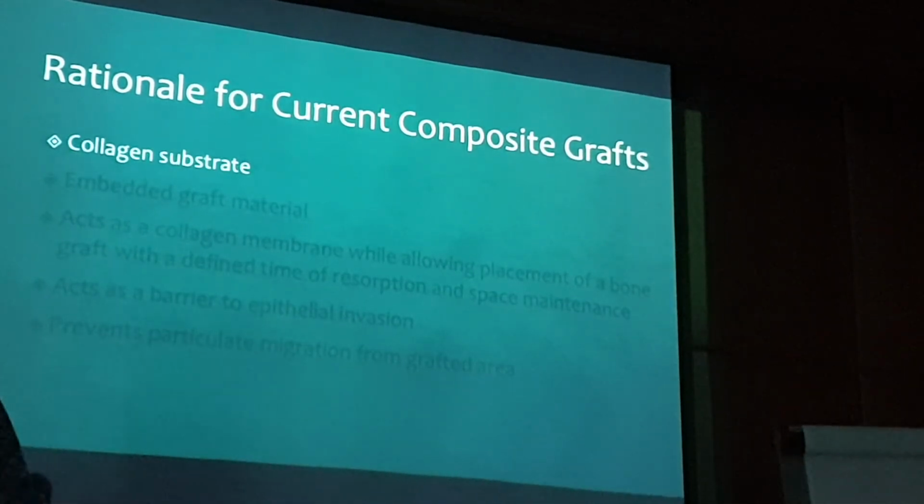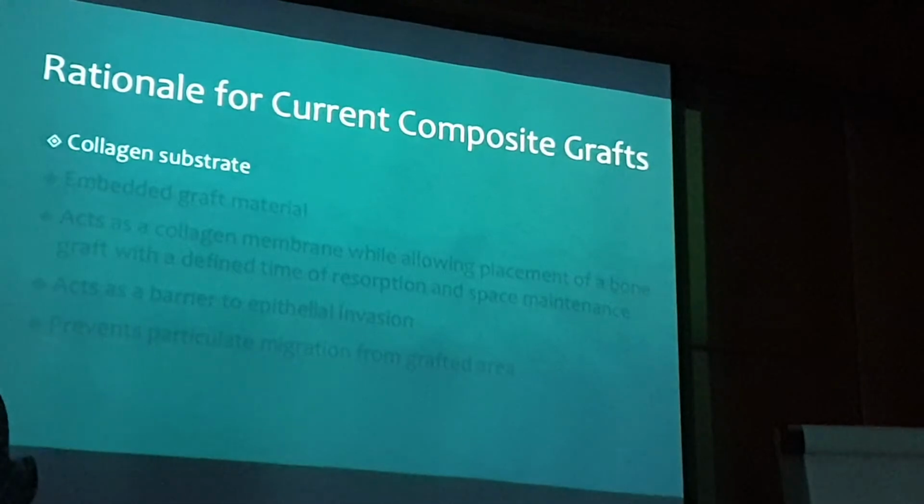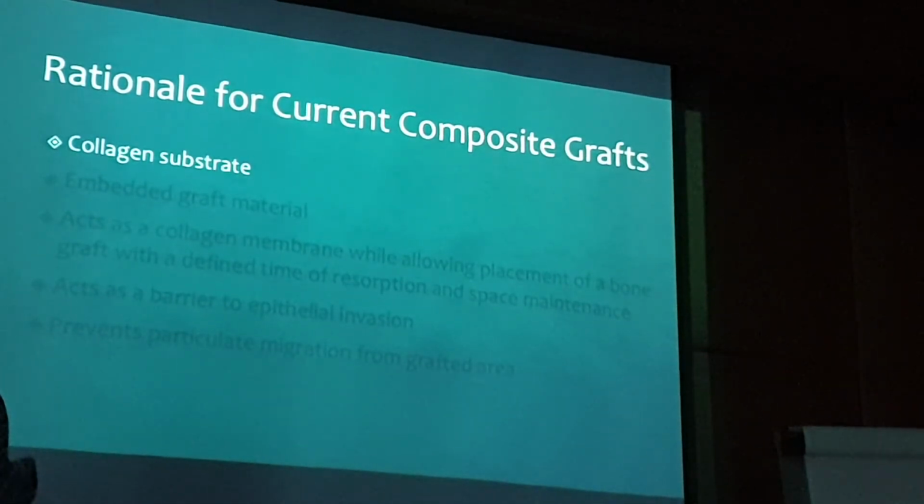Number one, it should be a collagen substrate. All of your bone graft materials should contain collagen. How many of you use demineralized freeze-dried bone? Raise your hands. Why do you use demineralized freeze-dried bone? What is it preserving? Collagen. You're demineralizing but leaving the collagen.